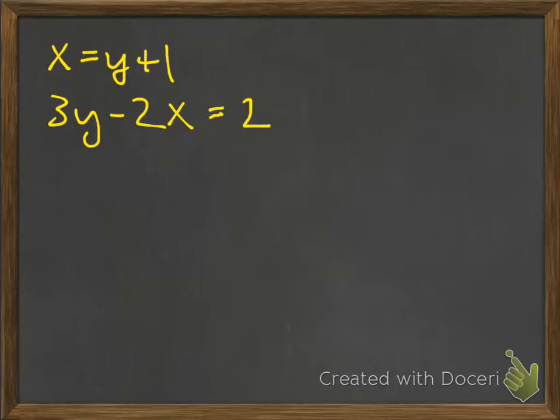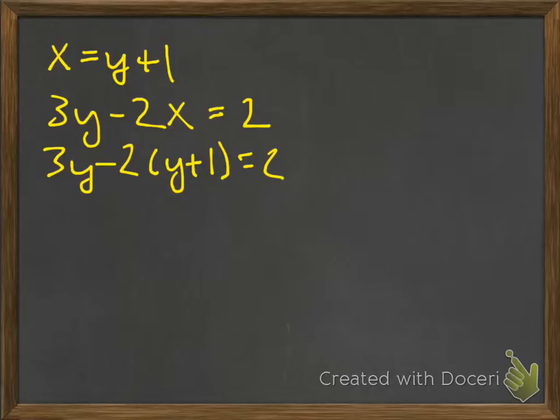On this example, what are you going to put? Yes, you're going to put y plus 1 in place of the x. So we're going to substitute into the x this time. It's the same thing. The only difference is I'm substituting in for a slightly different variable. But the steps, you notice, are the same. What's my next step?